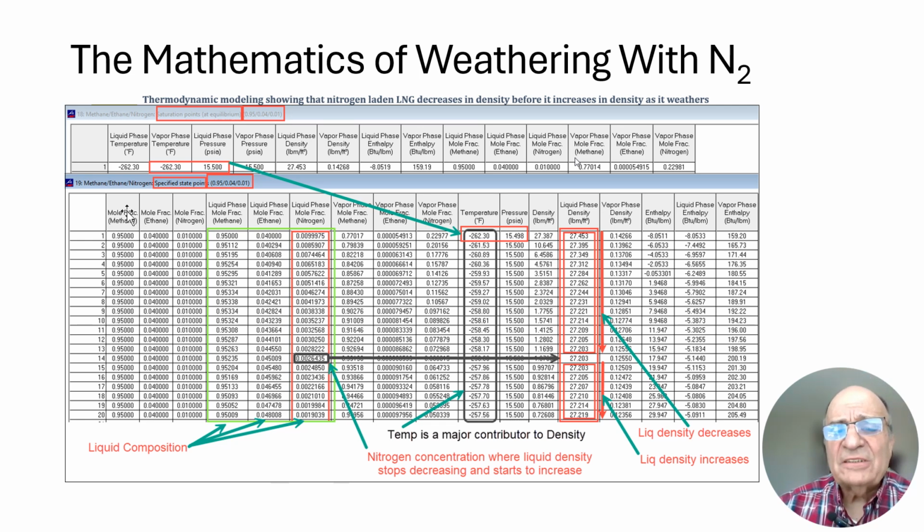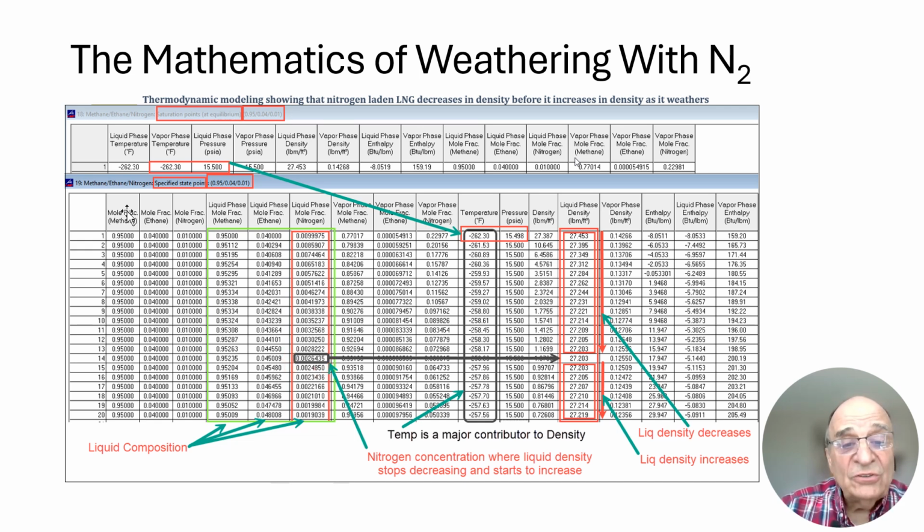Let's take a look at what happens to the density. The density here, instead of getting more dense, is getting less dense, less dense, less dense. And then at some point, it turns around and starts becoming more dense. Why did it turn around? Because you've reached the inflection point where the nitrogen content is so low that its boil off has much less nitrogen in it and more methane in it.